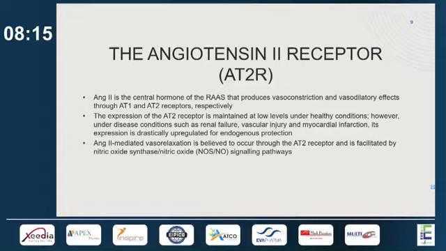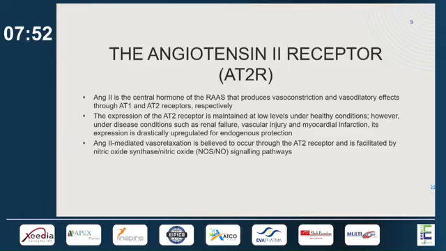The expression of the AT2 receptor is maintained at low levels under healthy conditions. However, under disease conditions, such as renal failure, vascular injury, and myocardial infarction, its expression is markedly upregulated for endogenous protection of the body.